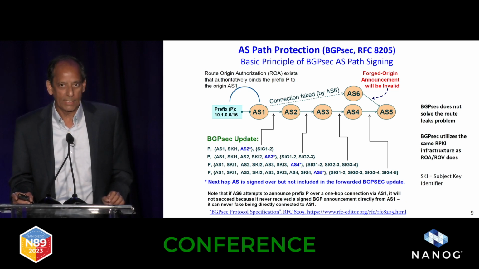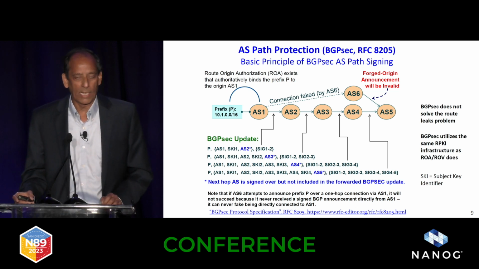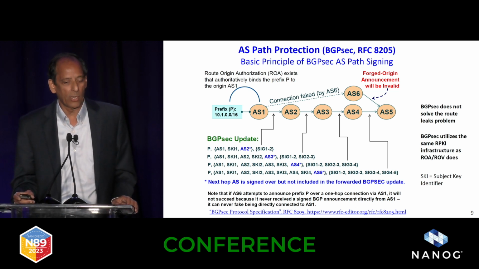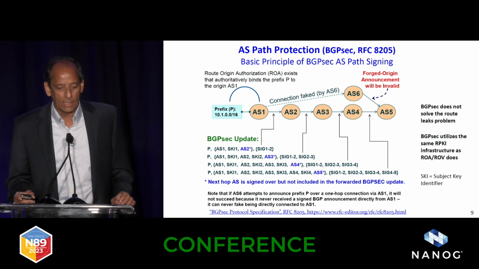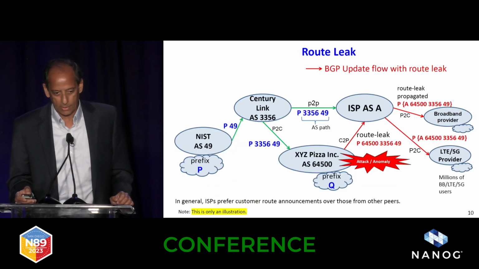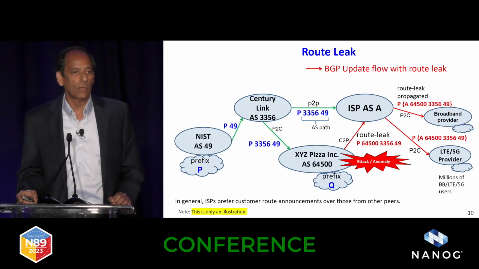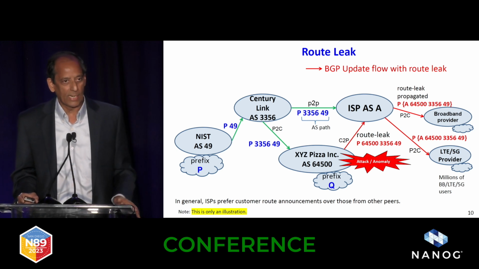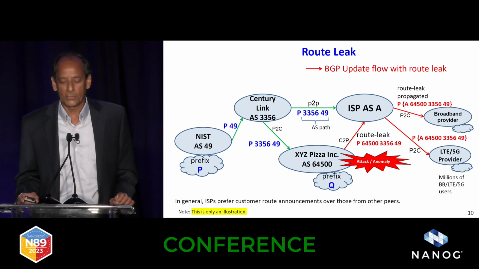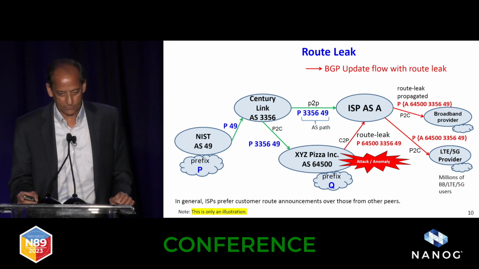So we do need ASPA to solve route leaks, and at some point in the future, perhaps ASPA will come into deployment sooner, and then BGPsec will follow later. ASPA would be able to solve the route leak problems, and also to a certain extent, it would be able to solve the path manipulations or forged origin hijacks, partially, not entirely. We will go into the details of those in the rest of this talk.